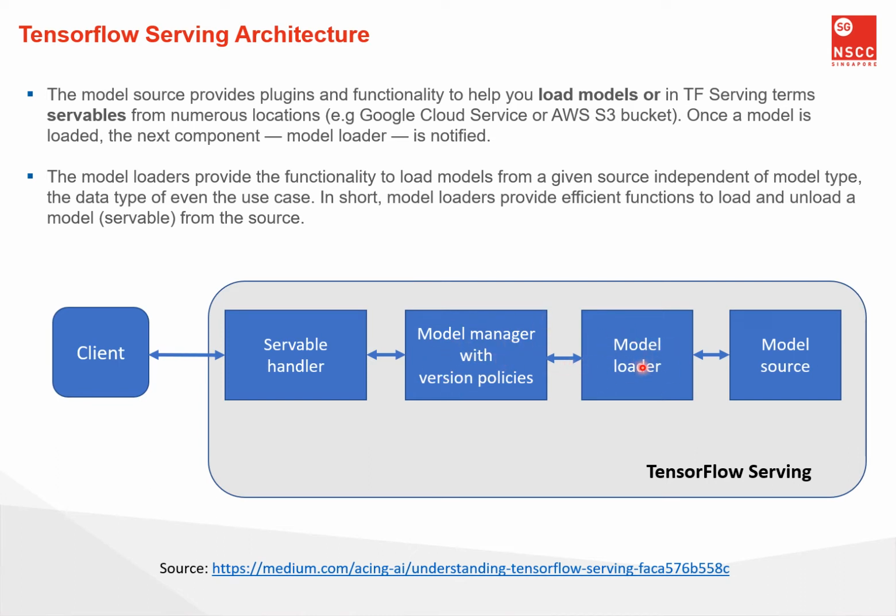And then the loader will load in the model and get it ready to be executed within the inference engine. And remember, the web server as well as Unicorn, WSGI, plus Flask, all this is integrated into one single component called the servable handler.